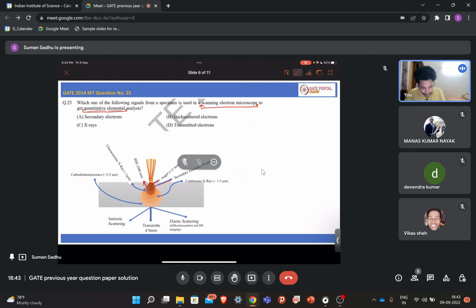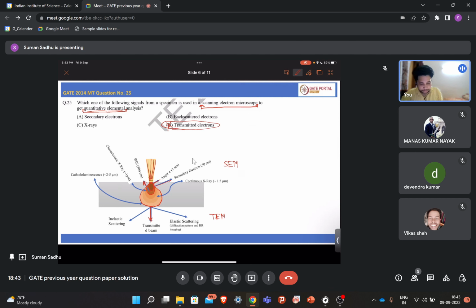This total volume is known as the interaction volume. Within this interaction volume different kinds of signals are generated. The transmitted electrons are for TEM, the transmitted beam. So this is the TEM part and this is the SEM part, so you can simply cancel out this one for the time being.